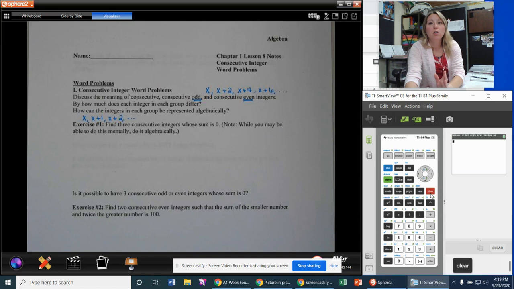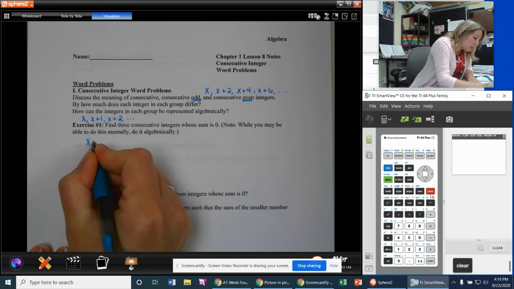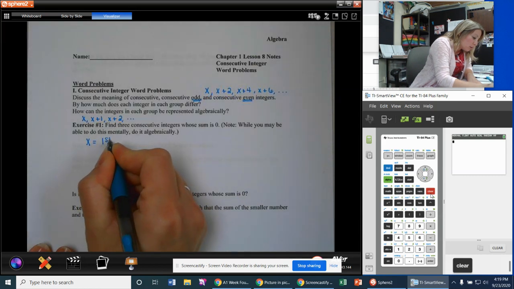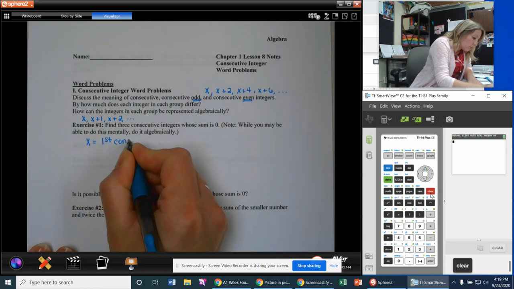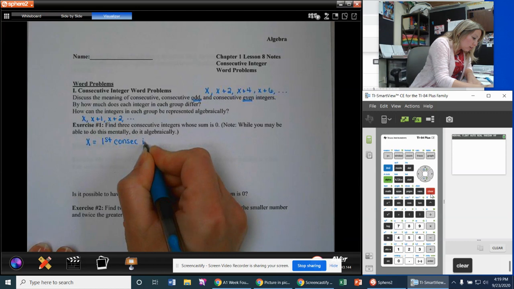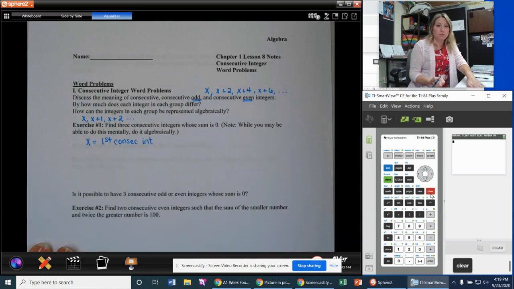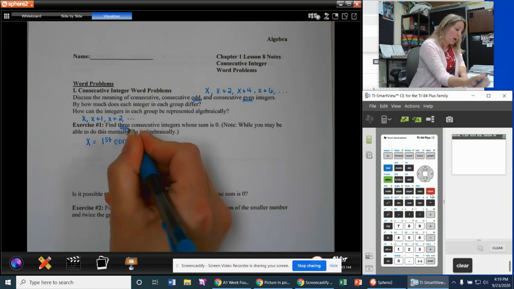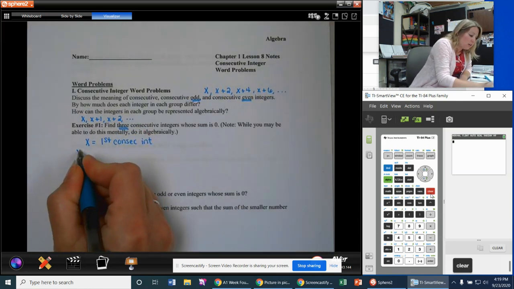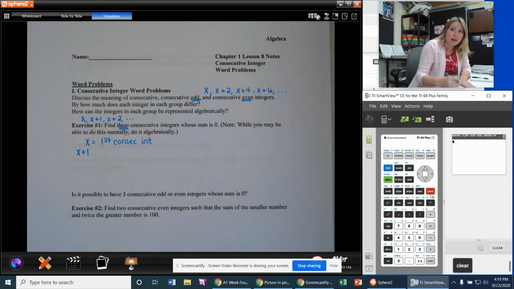Here's how you can go about any of these problems. You always start with naming your variable. Always say x equals your first consecutive integer. How many total do I need? 3. Okay, so your next one is the next number.